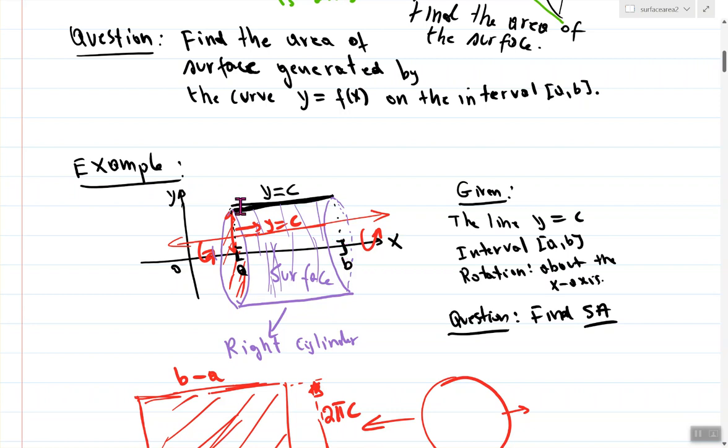So we're going to take this horizontal line segment. We're going to revolve it 360 degrees around the x-axis.